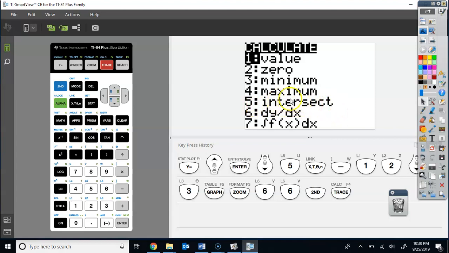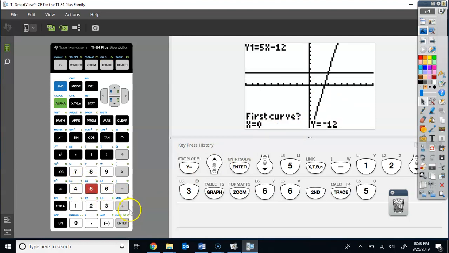That will find where two graphs intersect each other. If you hit number 5, it will say first curve. Now obviously these are both lines, but the TI calculator talks in terms of curves. So it'll show you where you're at on the points, 0, negative 12.